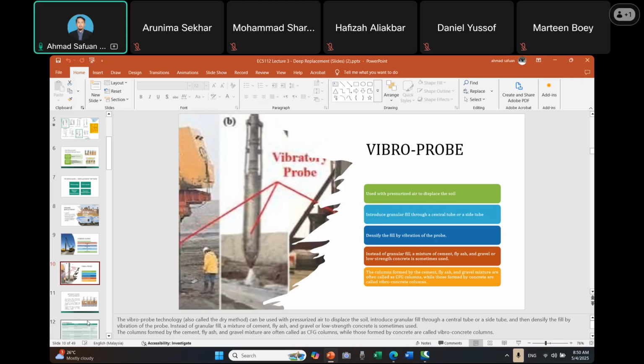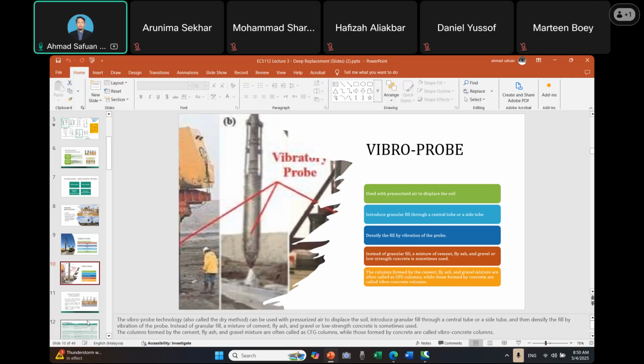So it means that the system has a special nozzle that can inject or allow the concrete to fill the hole and mix with the existing material.